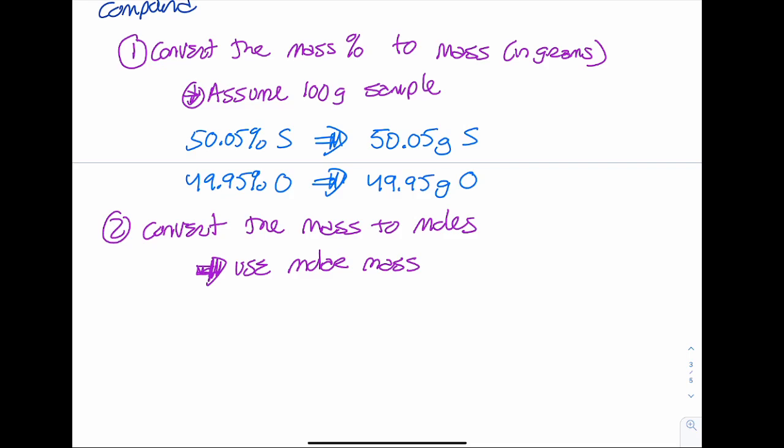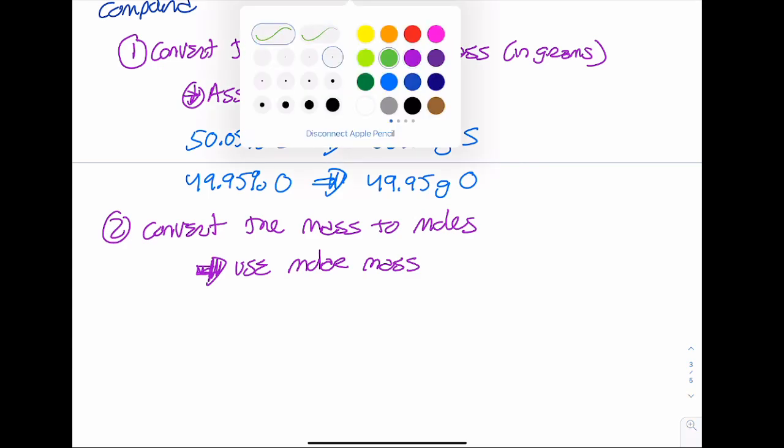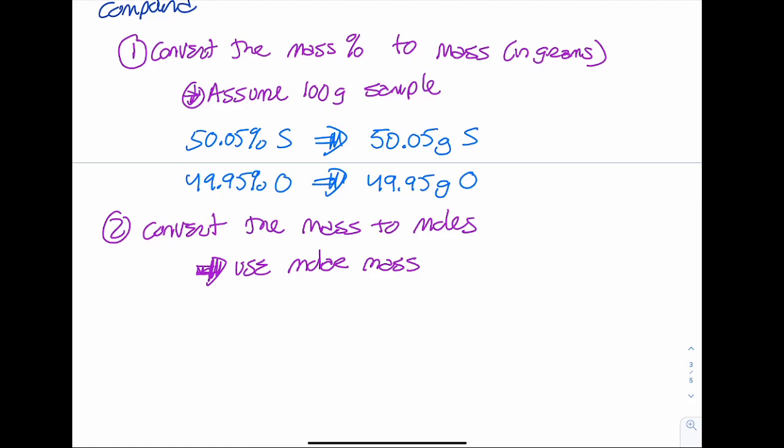You're always going to convert between grams and moles using molar mass. We're never going to do it differently. So it's one of those conversions that you just need to know, right? If we have grams and we want to go to moles, we're going to use molar mass every single time. And that's the same substance.